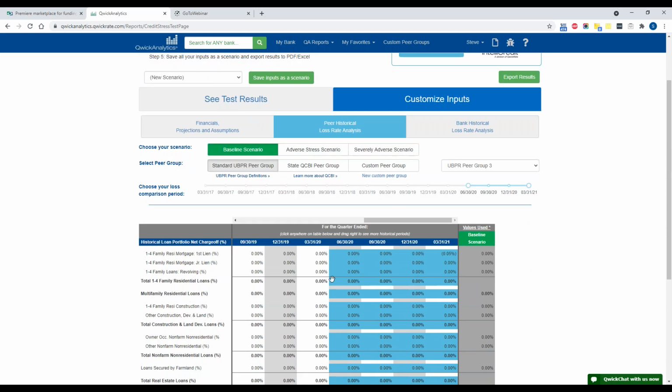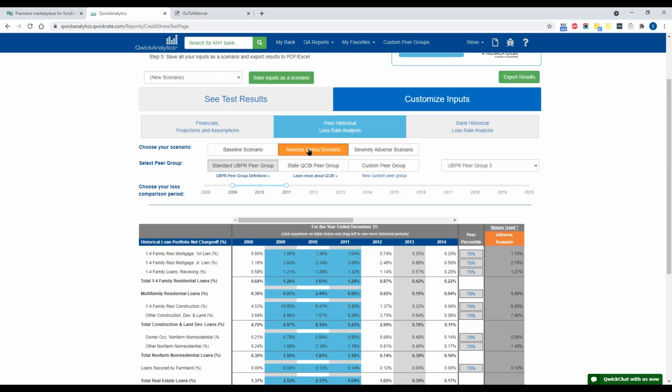And then we need to define the stress period. When I click on the adverse stress scenario, by default, we use the years 2009, 10, and 11. Just doing a little statistical analysis, we wanted to get an idea before you customize it: what are some of the years that were the meat of the last credit cycle?